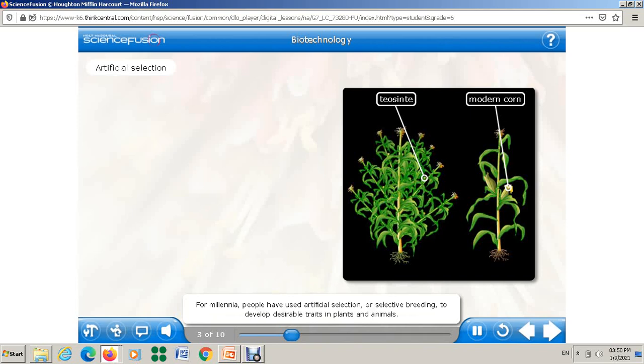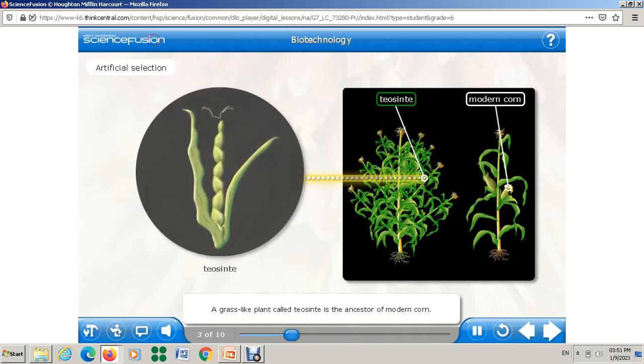For millennia, people have used artificial selection or selective breeding to develop desirable traits in plants and animals. Over tens of thousands of years, artificial selection has been used to develop modern corn, turning it into one of the world's most important food crops. Click the images to learn more about this application of artificial selection.